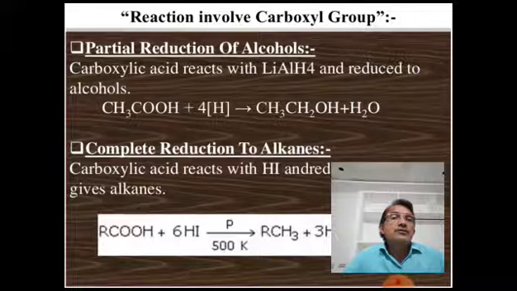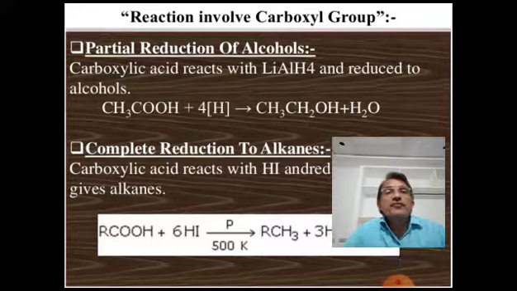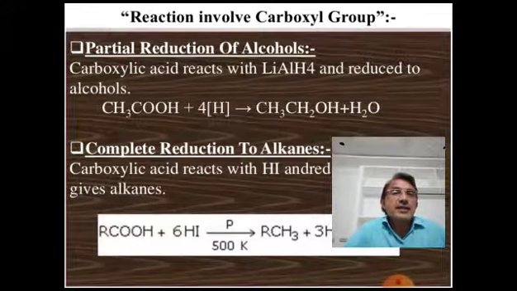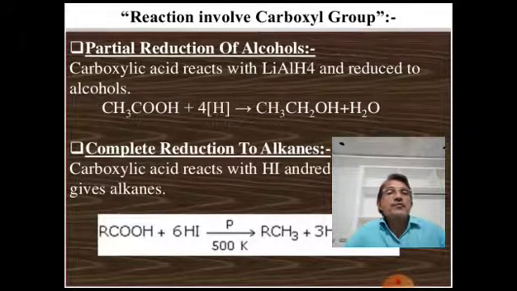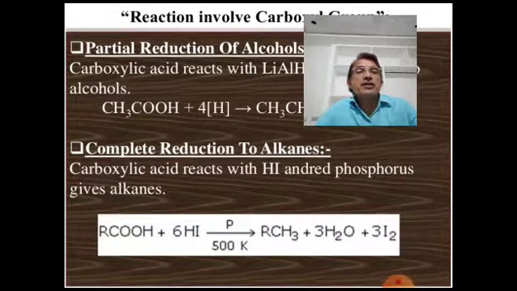Here acetic acid upon reduction gives ethyl alcohol. This is a partial reduction of acetic acid, because in this reduction process the CO group is converted to a CH2 group. Therefore, we call it a partial reduction.